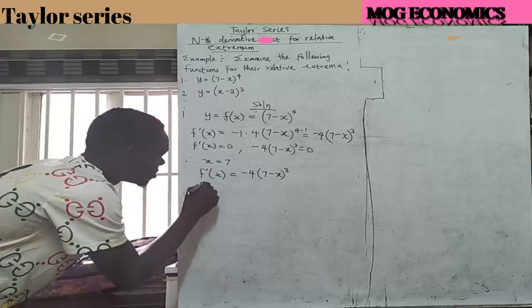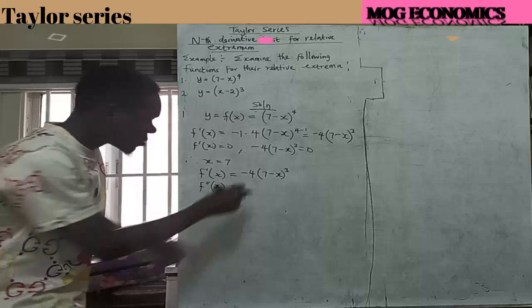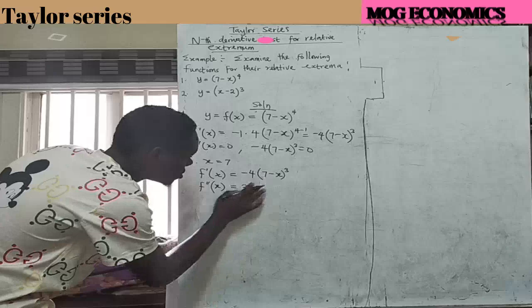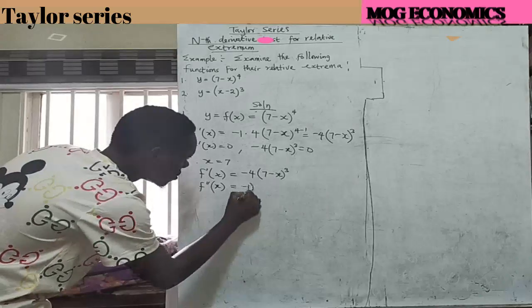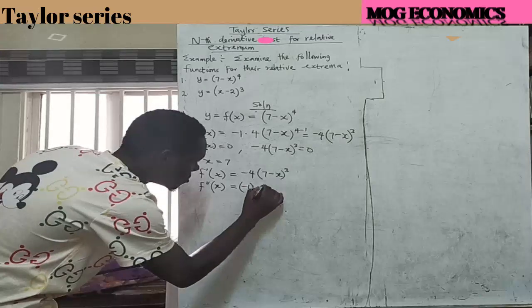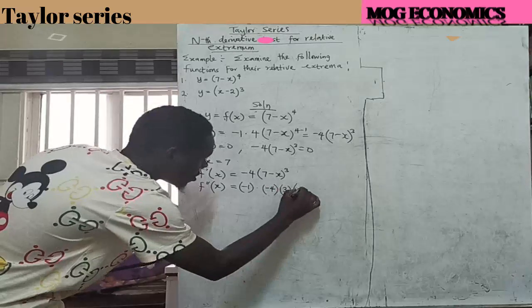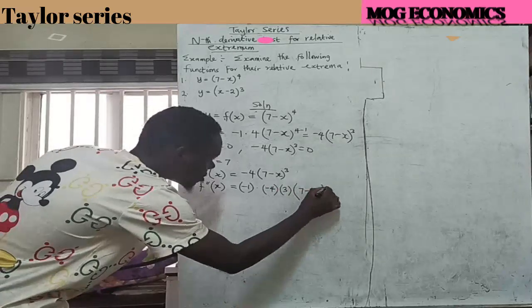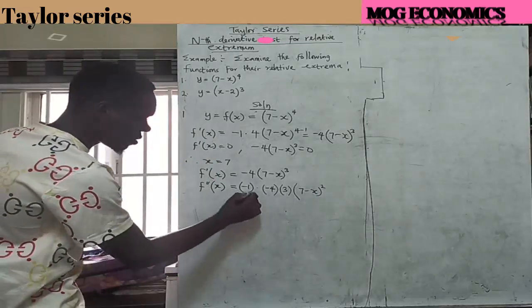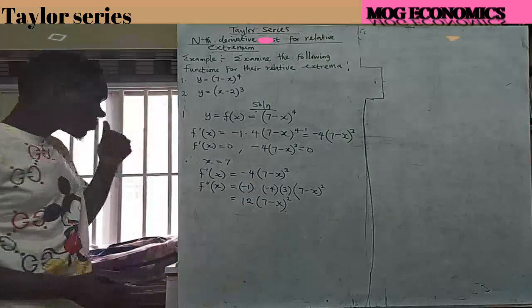Differentiating a second time, we have minus 1 times minus 4 times 3, which gives 12 times (7 minus x) raised to the power of 2.